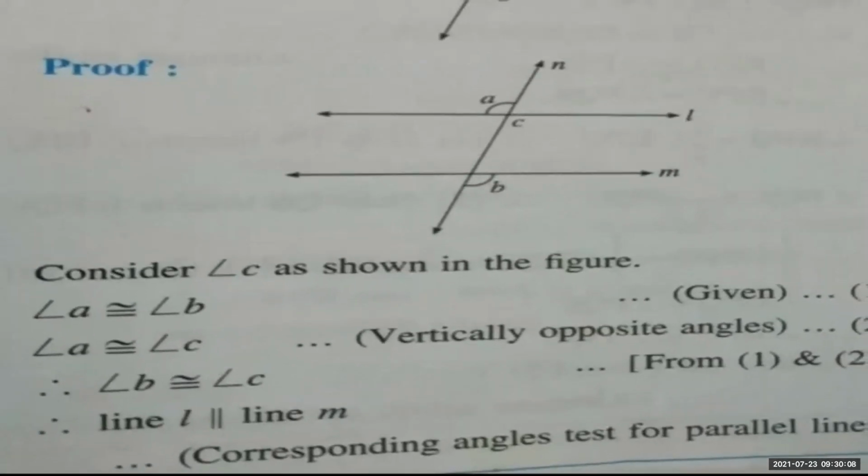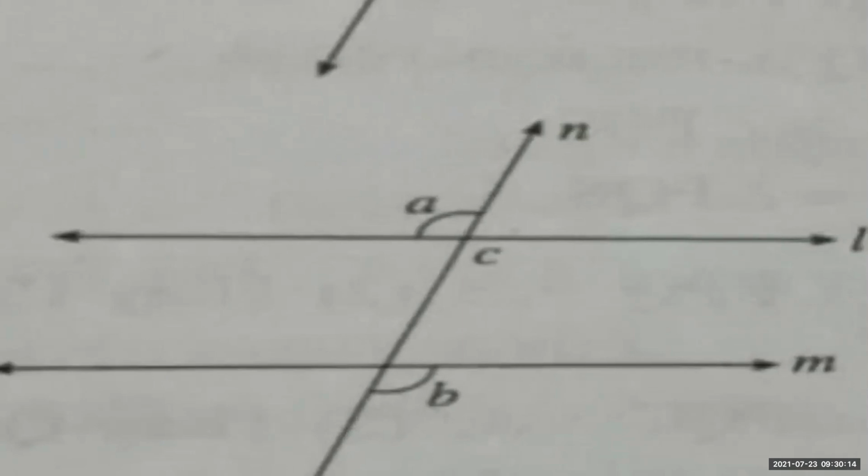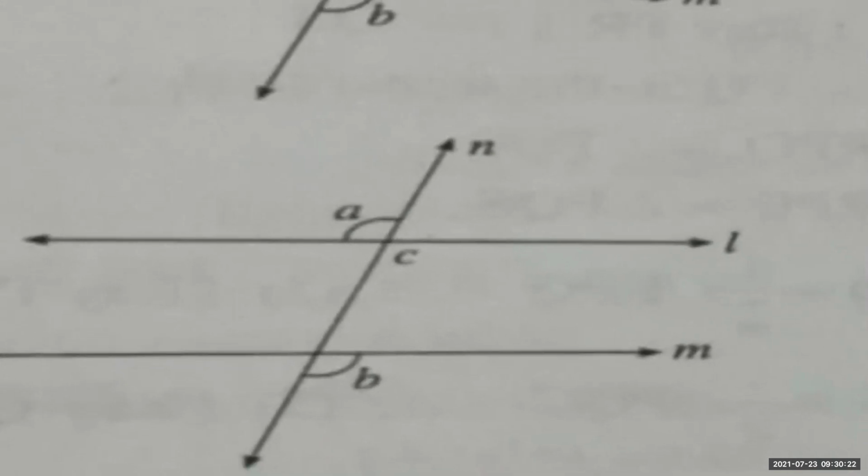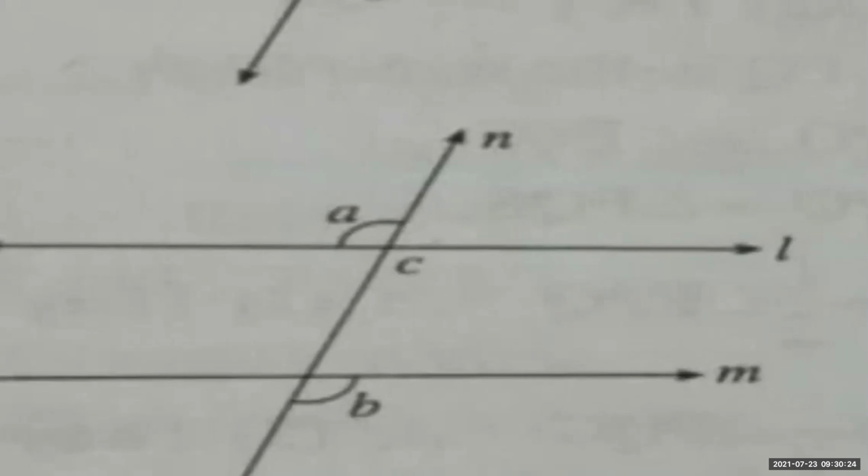Consider angle C as given in the figure. So here, one more angle we need to mention, that angle C. Okay, and angle A and angle C, those are the vertically opposite angles. You can see here, those are vertically opposite angles.